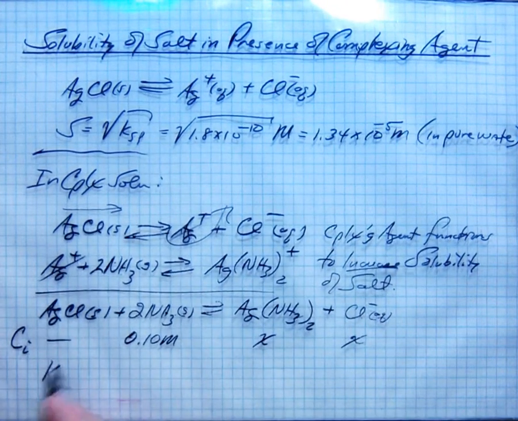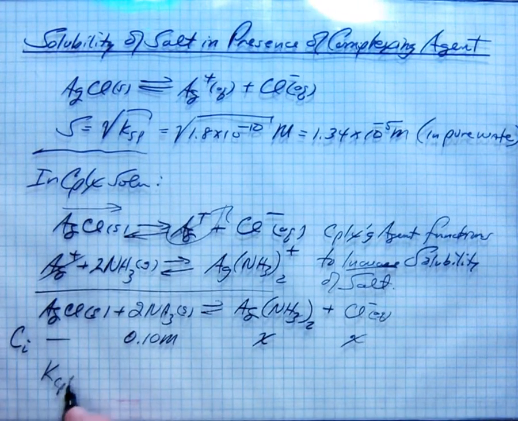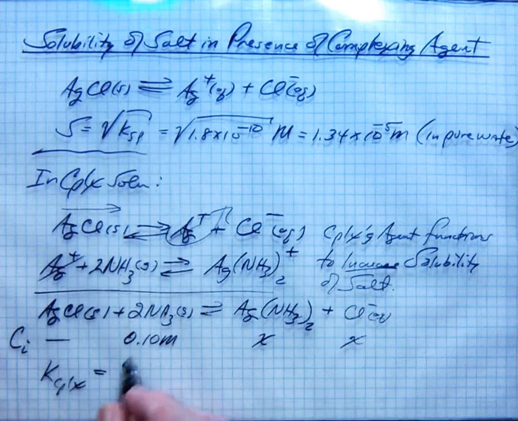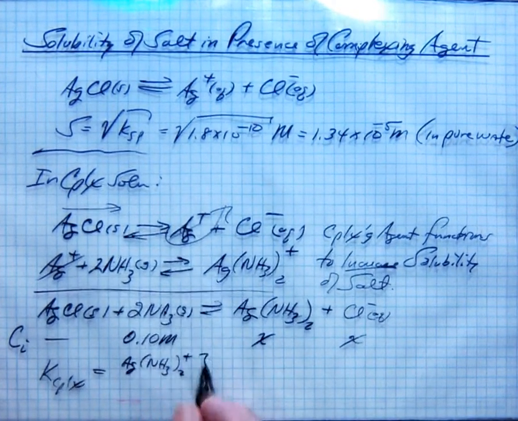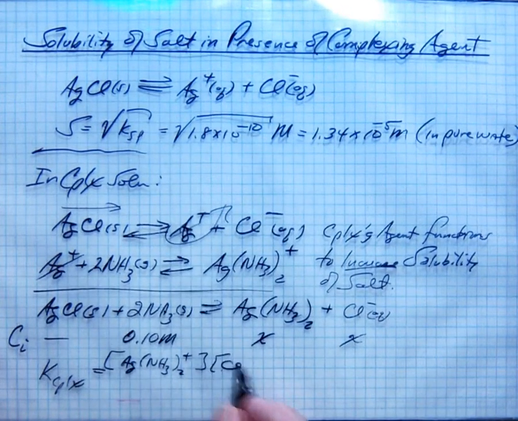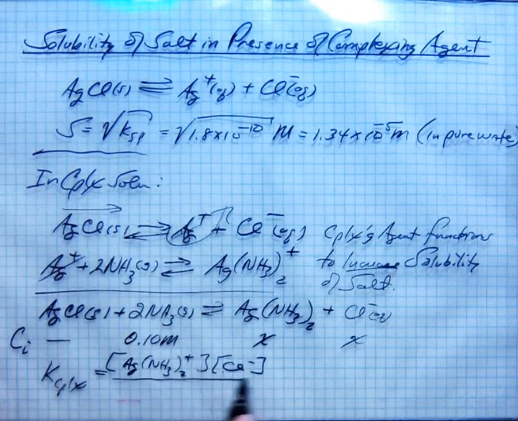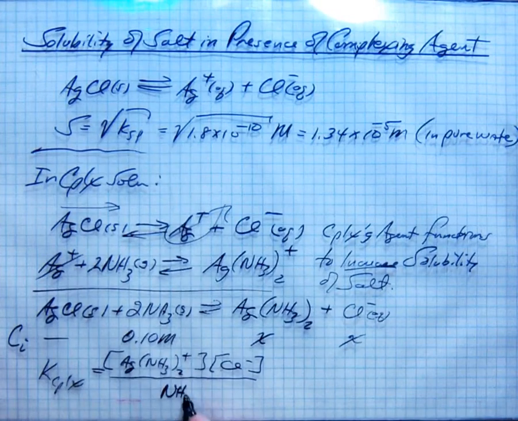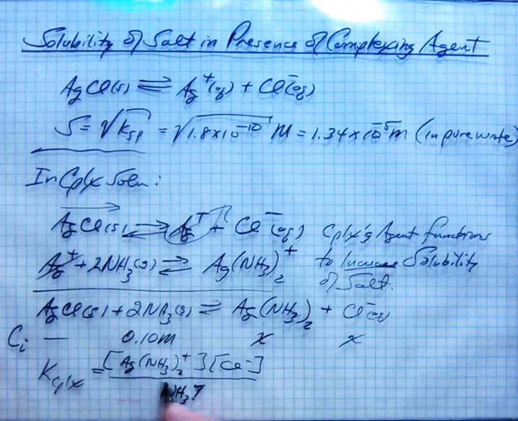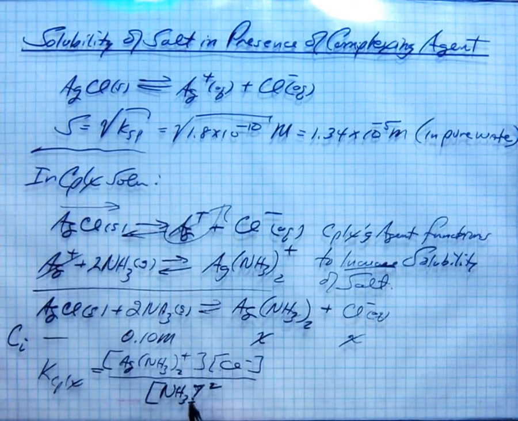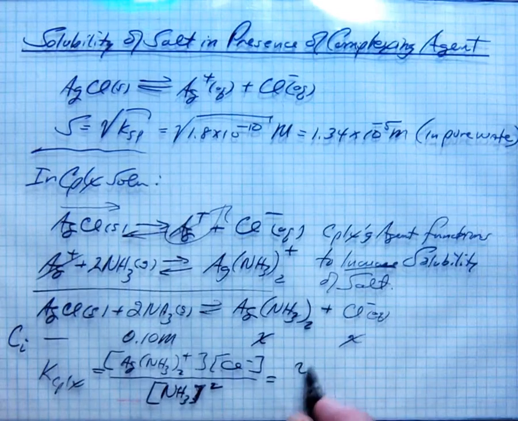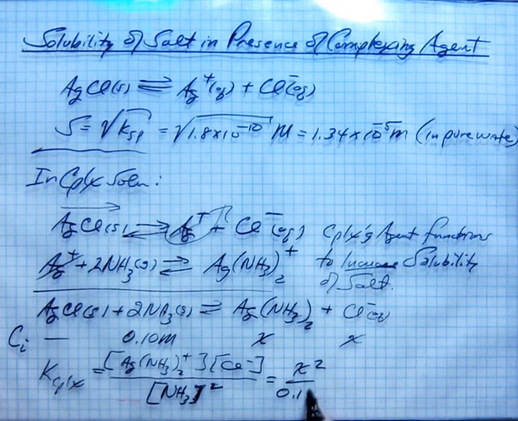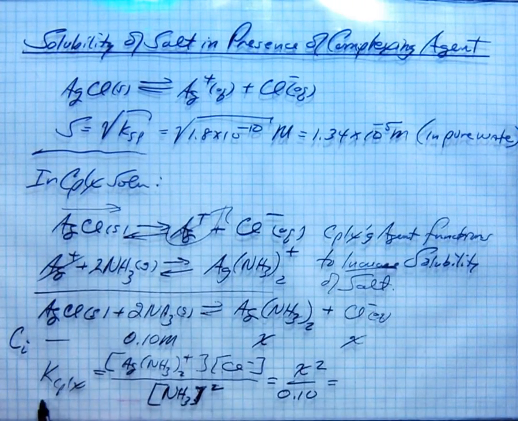We could say a K complex expression would be the silver amine ion times the chloride ions in solution, divided by the ammonia concentration right there. And of course that is x squared over 0.10, and that's equal to the K complex.